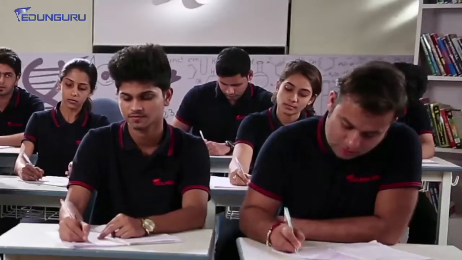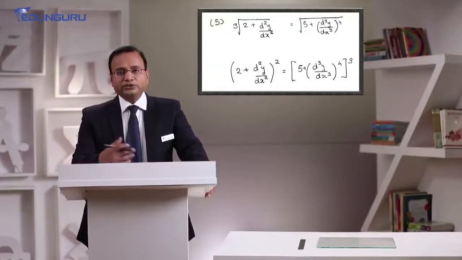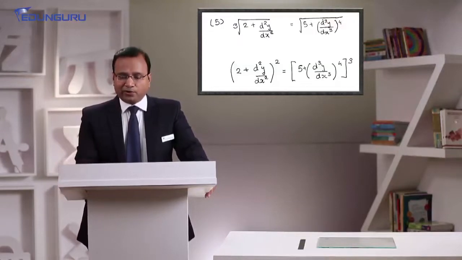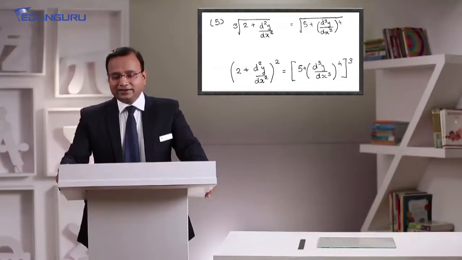Square root raised to power 6 will make it cube, and cube root raised to power 6 will make it square.